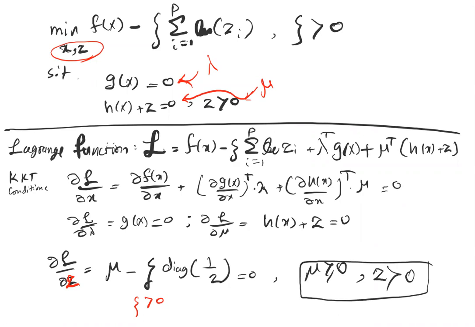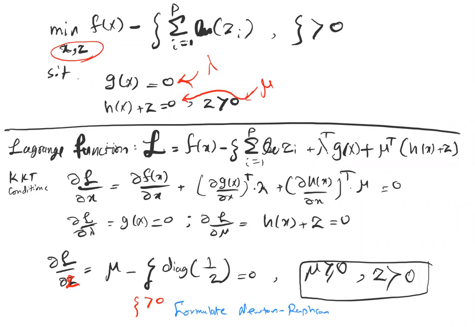So what's next? Now we are going to formulate Newton-Raphson steps. Based on what we discussed in the previous lectures, we are just going to do this for an equality constrained nonlinear problem, so it's more convenient to use Newton-Raphson to solve this problem.